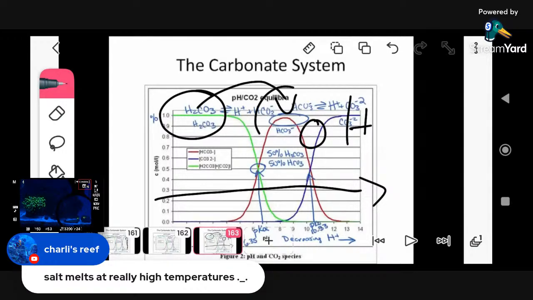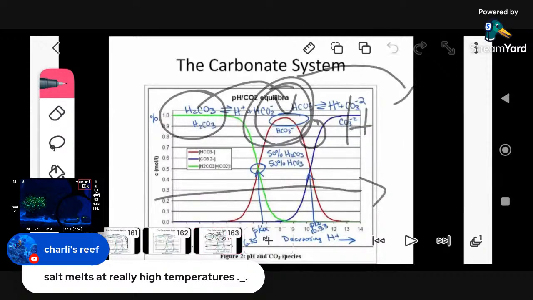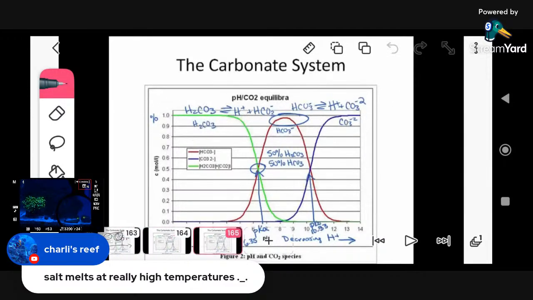It'll be a lot safer for you to stay in this range. If you're dosing the soda ash or the sodium hydroxide, there's a good chance you're going to go this way and you're going to start killing your stuff. All right. But I would highly recommend to add both, but add more baking soda to your system.